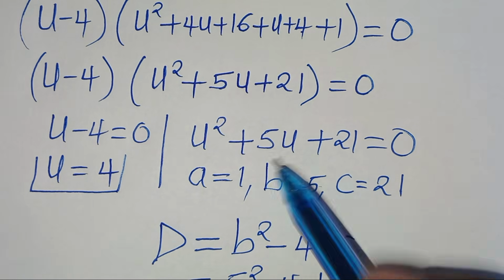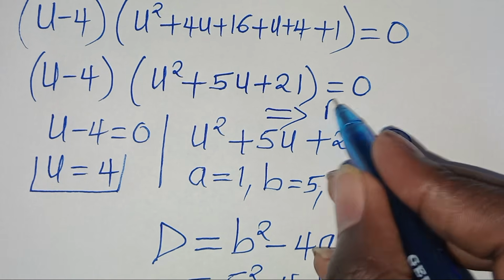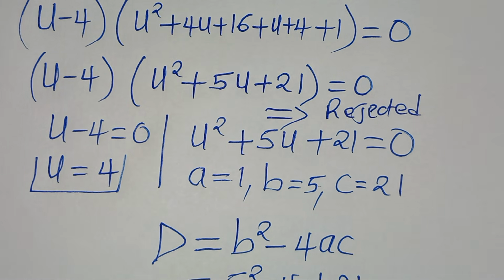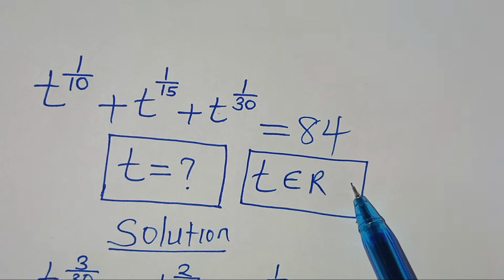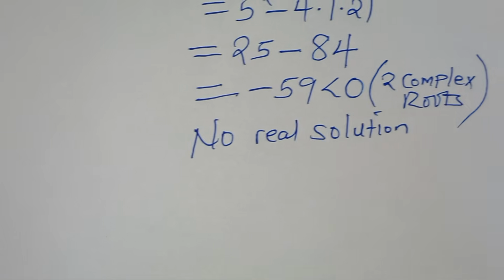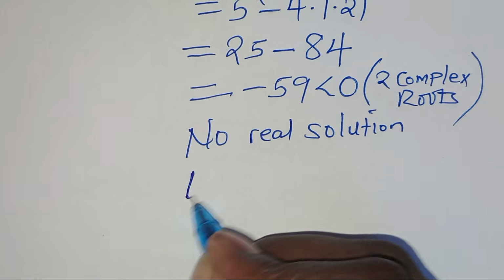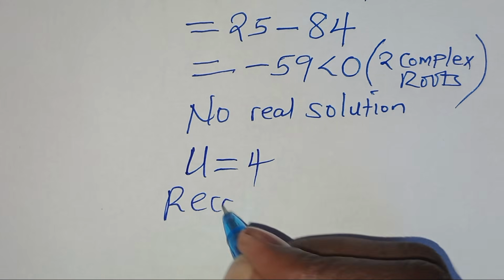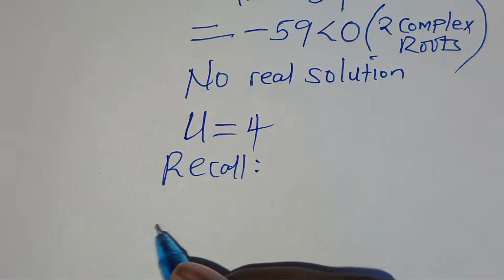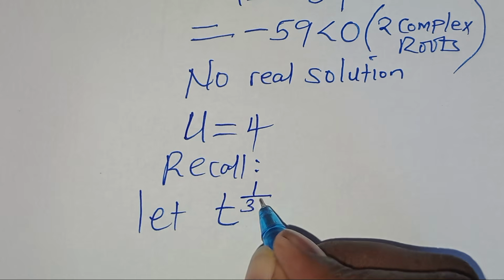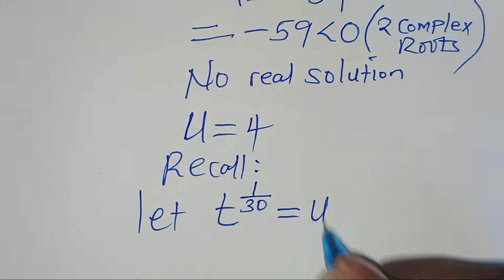So this quadratic equation here is rejected, since t is an element of real numbers. So now we have that u is equal to 4. And if you recall, we let t to the power of 1 over 30 be equal to u.